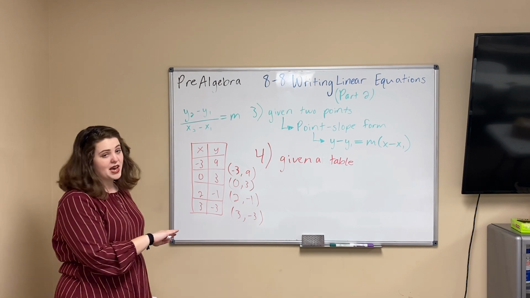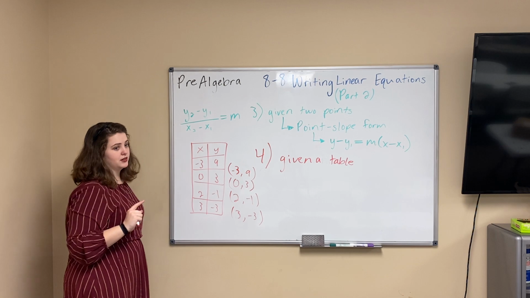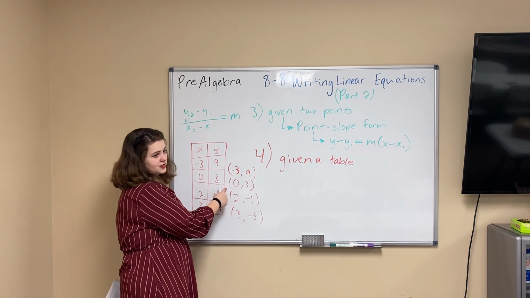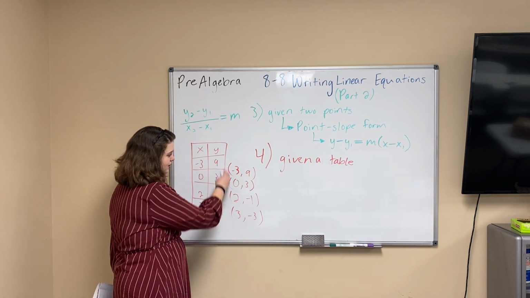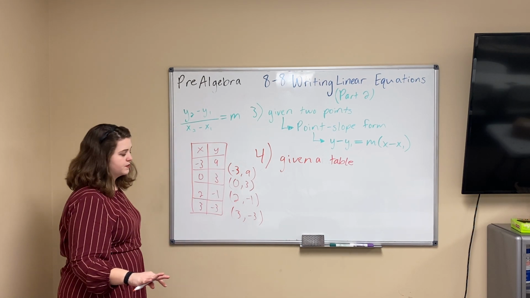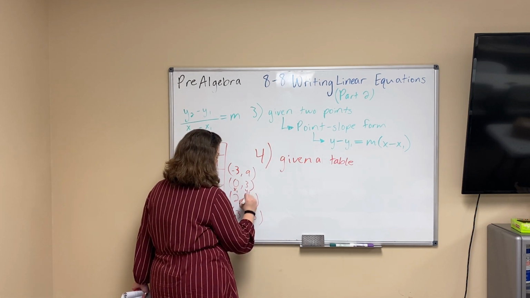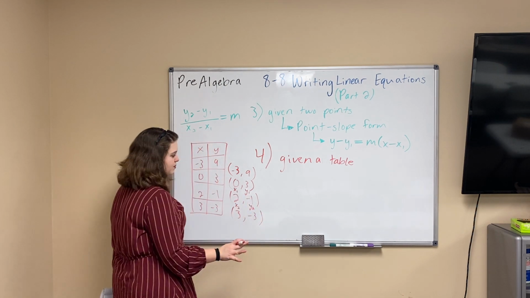It doesn't matter which 2 points that you choose as long as you put it in your equation correctly. I'm going to choose the 2 smallest ones because that's going to make our math a little bit easier. But you can choose any 2 that you want to choose. So I'm going to label these x1, y1, x2, y2, just like we've been doing.